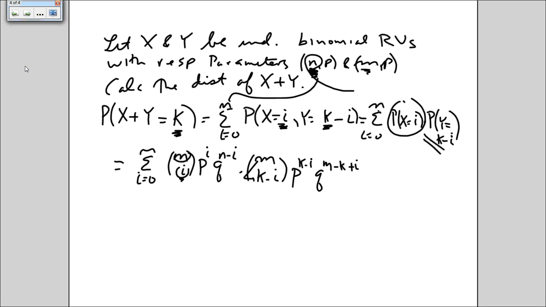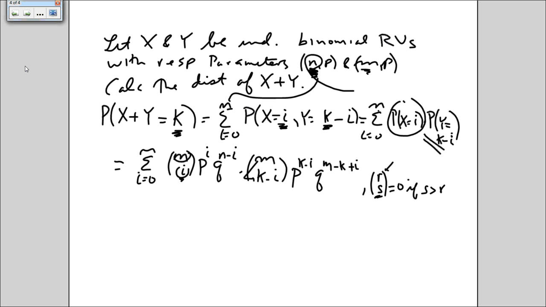And r choose s, it's not possible if s is greater than r. If you only have 9 to choose from, you can't choose 10.